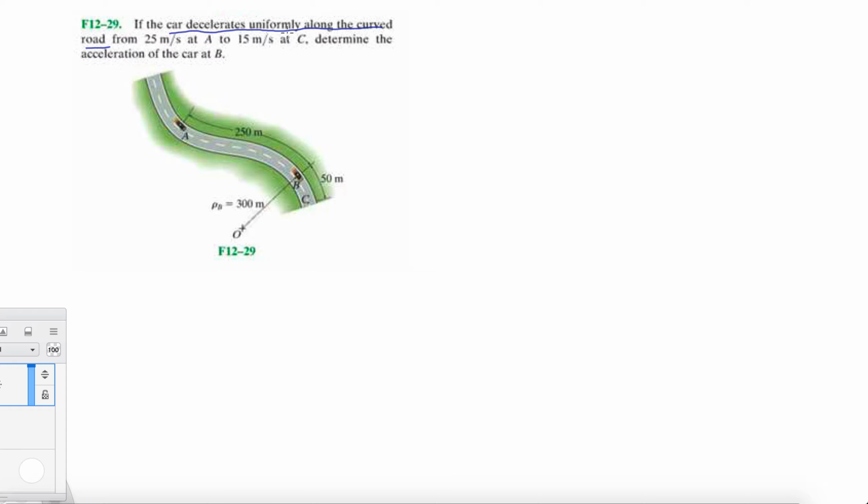That's very important because it's telling us that the tangential acceleration at A is going to be equal to the tangential acceleration at B, which is the tangential acceleration at C.